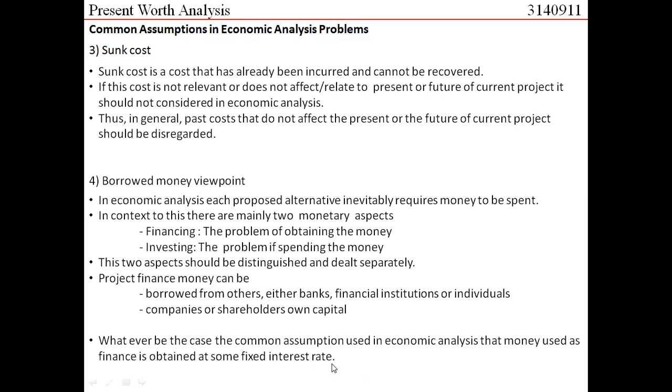So it does not matter what the source of the money is, we would always consider that the money which is actually used as a finance for an economic problem is always at some fixed interest rate. Certainly, if the money is borrowed from a bank, we understand that it would always have some interest rate. But in other ways also, whatever be the source of money, we would always consider that the finance is obtained at some fixed interest rate. This is what we call the borrowed money viewpoint.